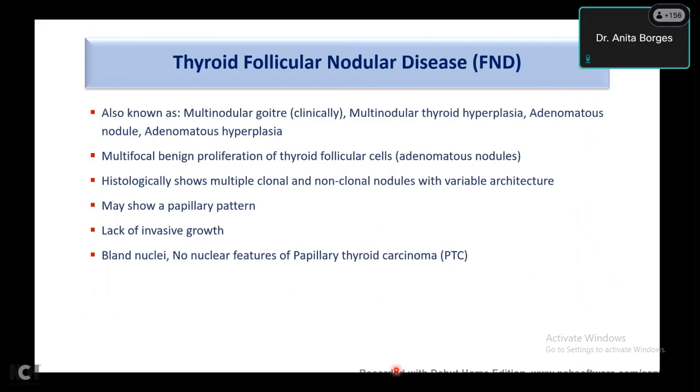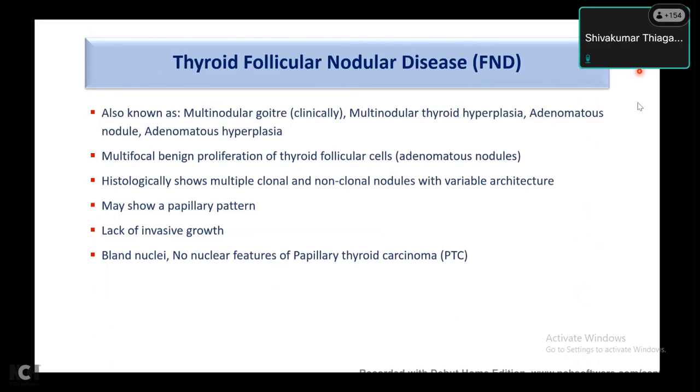Oh, sorry, Asabri. What I wanted to ask Dr. Shiva, I hope I can call you Shiv Kumar, are you familiar with this term, follicular nodular disease, or most people who deal with thyroid disease, are they familiar with this term? Or are we pathologists now just introducing terms where multinodular goiter was a good term before?